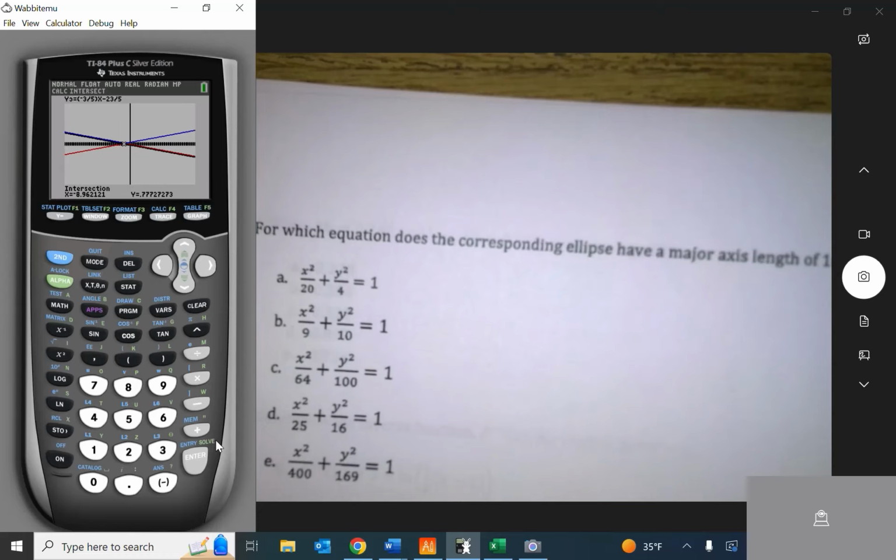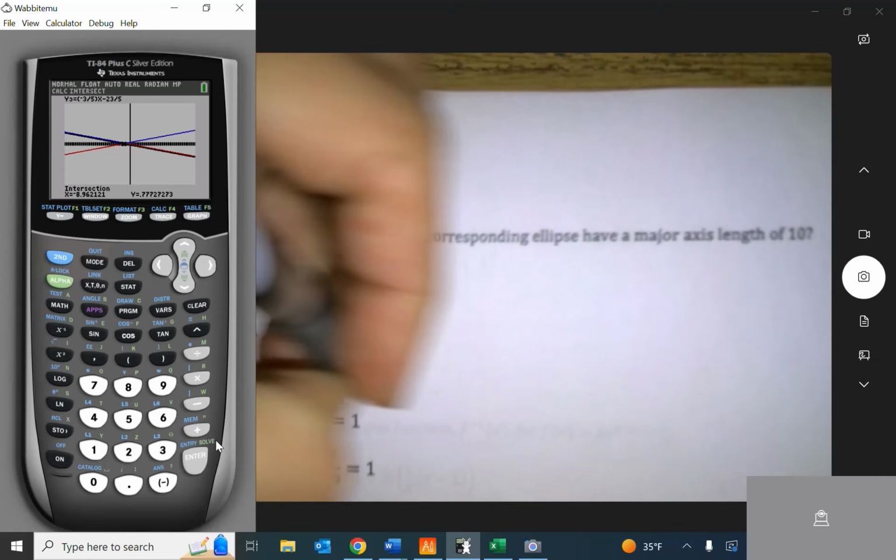Should be choice C. Although it says major x-axis length of 10, it's probably choice D. Let's look at D in a calculator, because I think this is it.